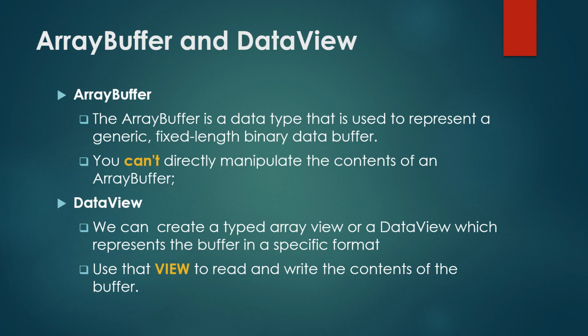As we discussed, we first have to allocate the array buffer, then a view. The buffer gives you a fixed length binary data buffer, and you cannot directly manipulate the content. For a view to manipulate the content, you first have to initialize that view according to the bit system you defined before.